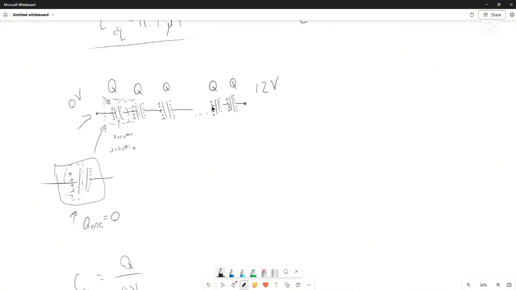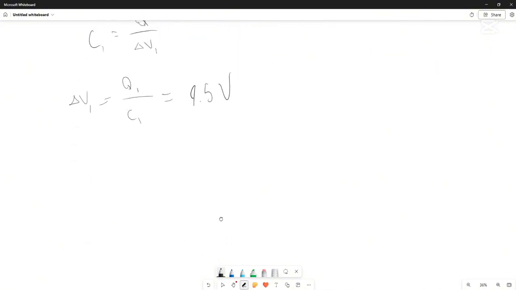Thus, we can directly use the voltage loop law, which says 12 volts, minus the drop on C1, which we just found as 9.5 volts, minus the voltage drop across that equivalent capacitance has to equal 0.